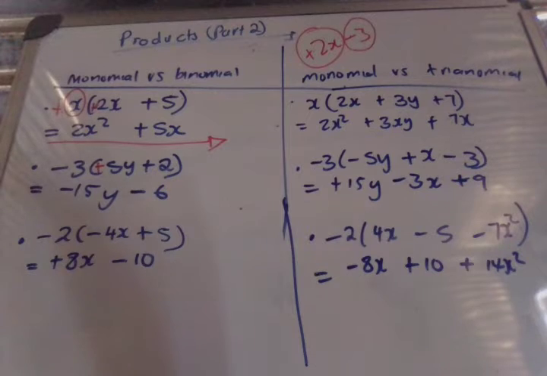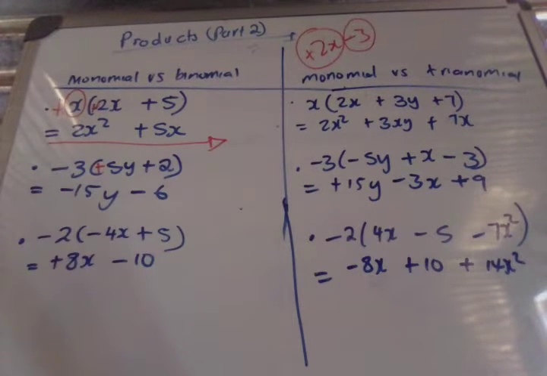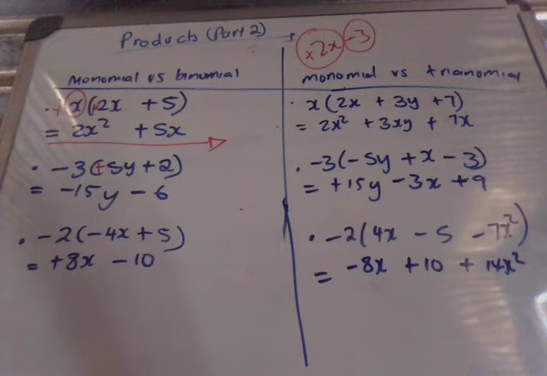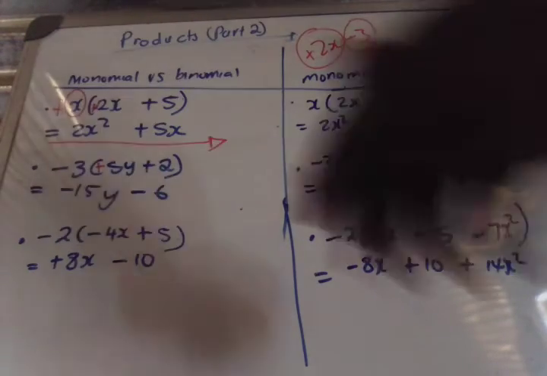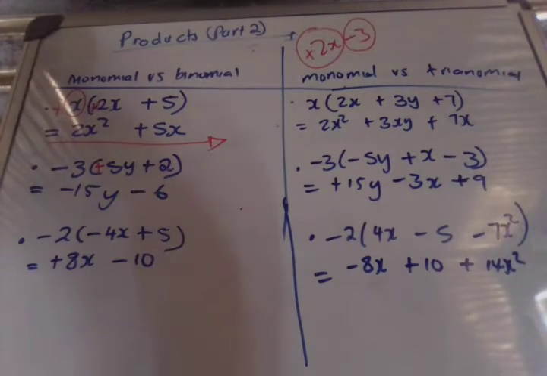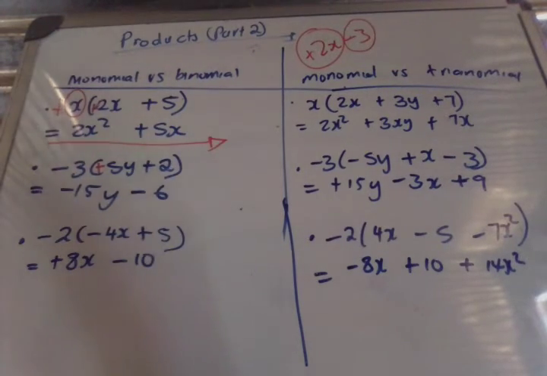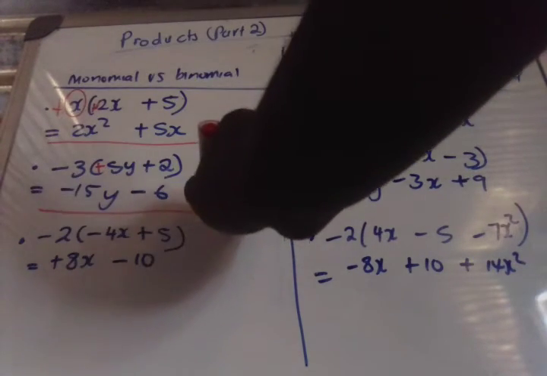Negative 3 times 5y is going to be negative 15y, and then negative 3 times positive 2: a negative and a positive will give us a negative because there are two different signs, and 3 times 2 is 6, so we end up with negative 15y minus 6. These two terms cannot be added because they are different. Therefore this is going to be our final answer.